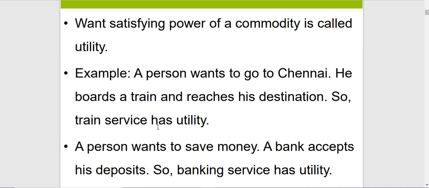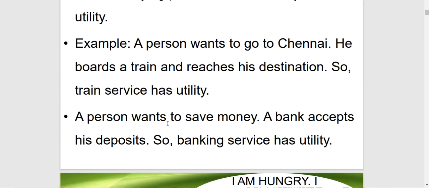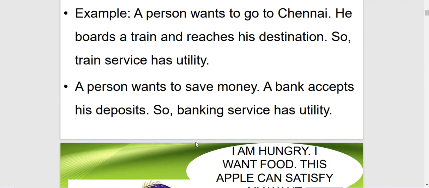So the train service has usefulness for this person, since he is able to use the services of a train in order to reach his destination that he has planned, that is Chennai. A person wants to save money. A bank accepts his deposits. So banking services have utility for the person.